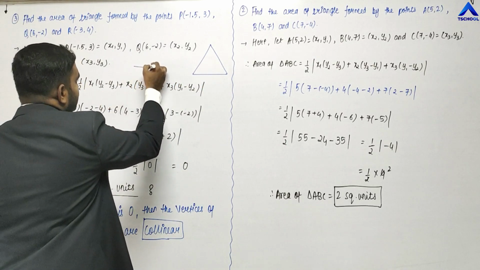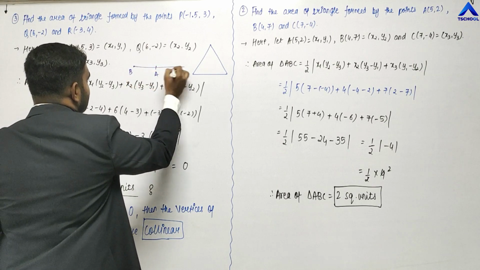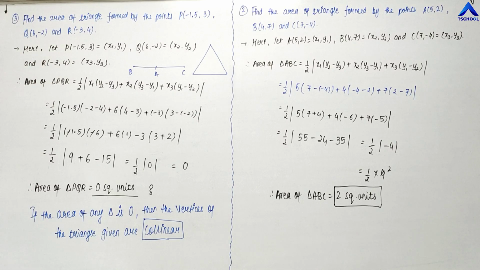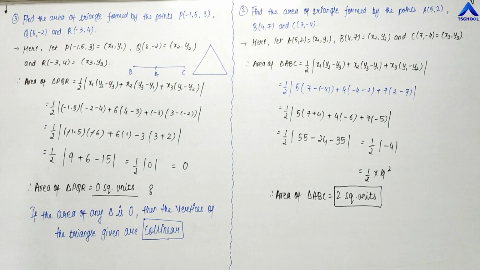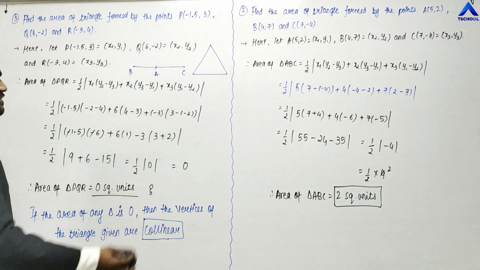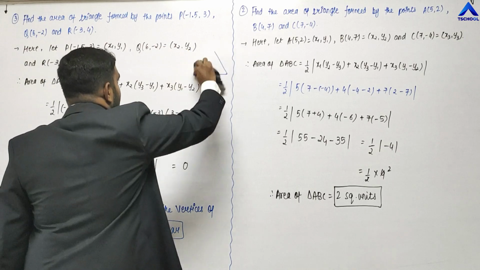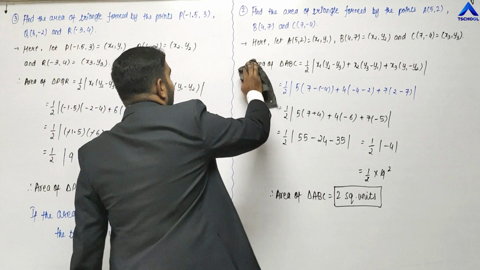In fact, these vertices will be collinear. So if this is B, and this is C, right? That actually forms a triangle, but this triangle has an area of 0 square units. Is this clear? So from this I would like to conclude one point, which I am writing here.